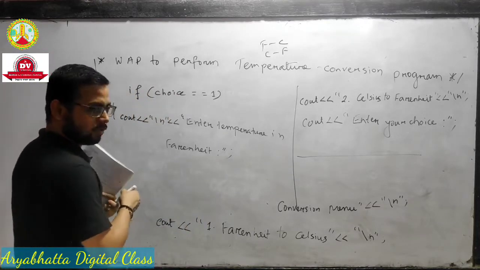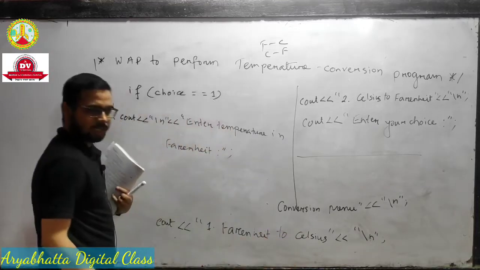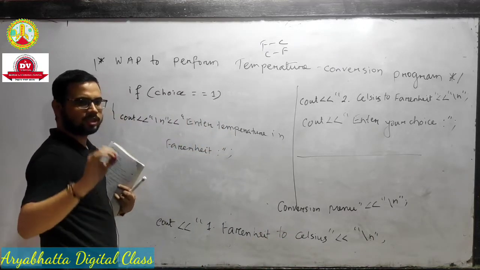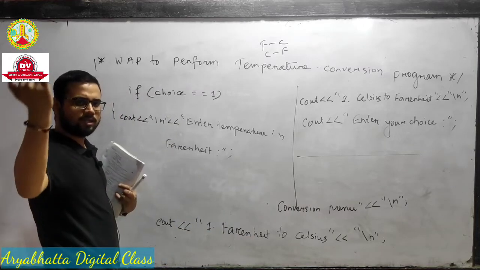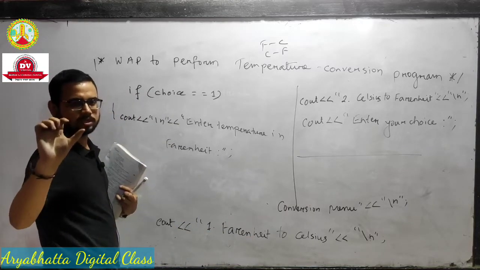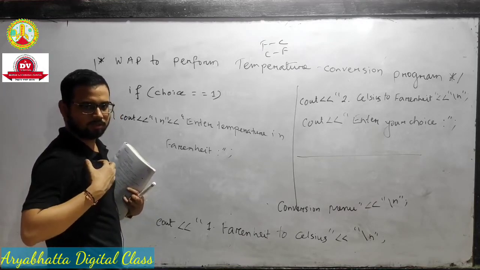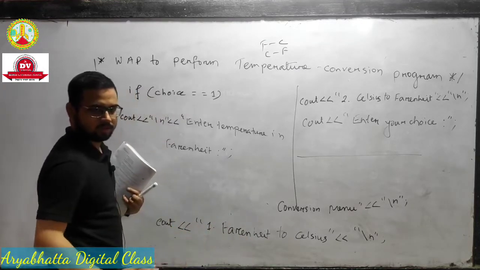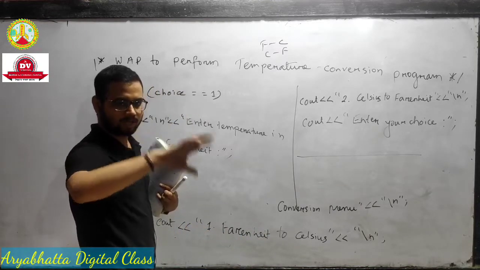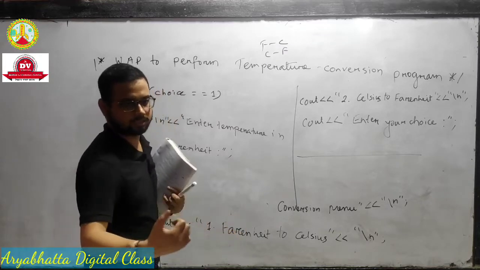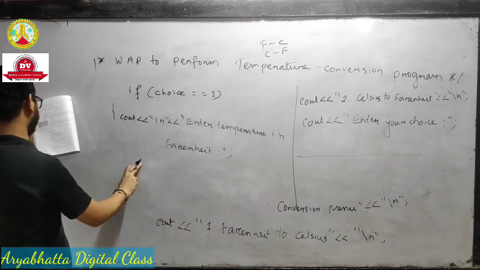When we take choice 1, Fahrenheit to Celsius, we input the temperature value in Fahrenheit, and the compiler converts the Fahrenheit temperature value to Celsius. We take the temperature value in Fahrenheit, which is user defined, and the compiler converts the Fahrenheit temperature to Celsius.